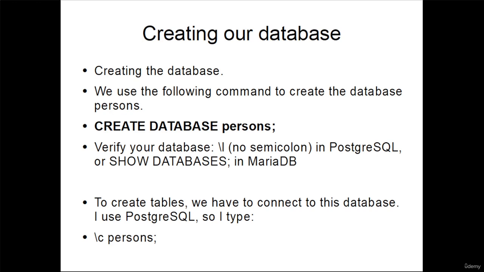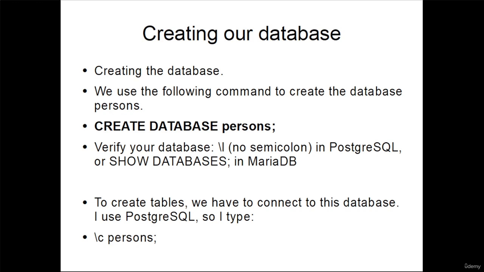Be sure to end the command with a semicolon, as this is required in Postgres and most RDBMSs. When the command executes successfully, you will see CREATE DATABASE in capital letters on your screen, confirming the database was created. Try running the create database command now, and verify it worked by listing your databases with \l in Postgres. If you are using MariaDB, you can use show databases, with a semicolon at the end, to list your databases.